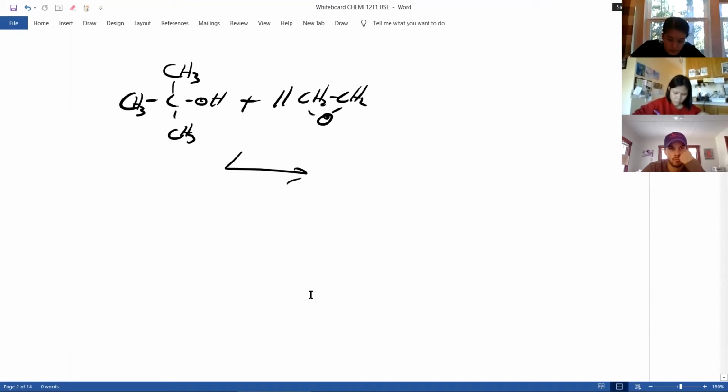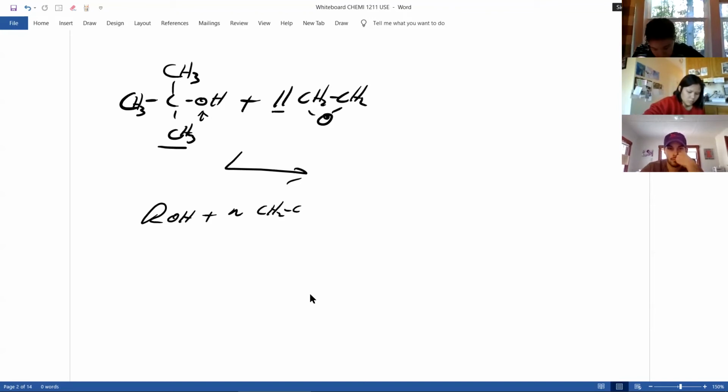All right, anybody need more time? I guess not. Let's look at this molecule. What's different? Carbon with a hydroxyl group, alcohol. Ooh, I've got 11. That means N moles of ethylene oxide.